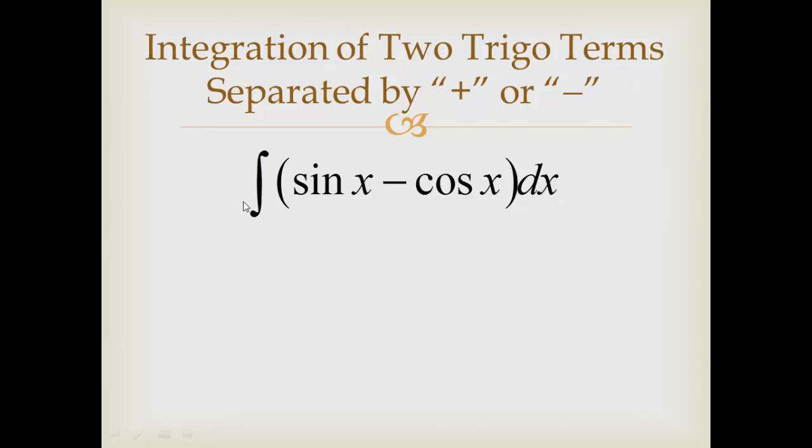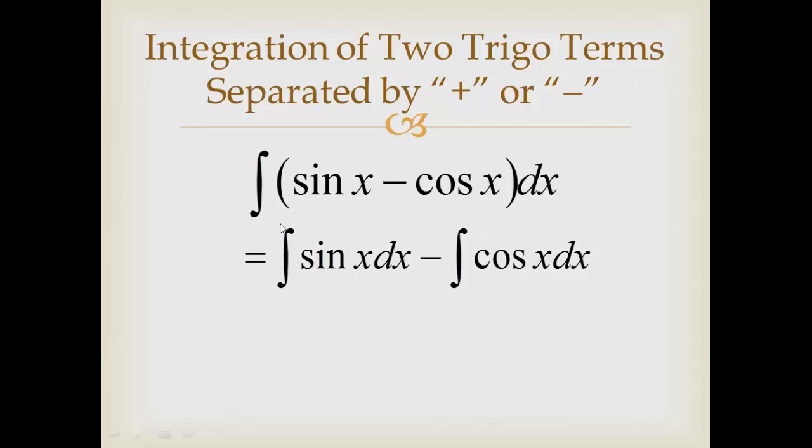We recall that differentiation is actually distributive over addition and subtraction. So similarly, integration, which is the reverse process of differentiation, is also distributive over addition and subtraction. So we now distribute the integration between sine x dx and then minus integration of cos x dx.